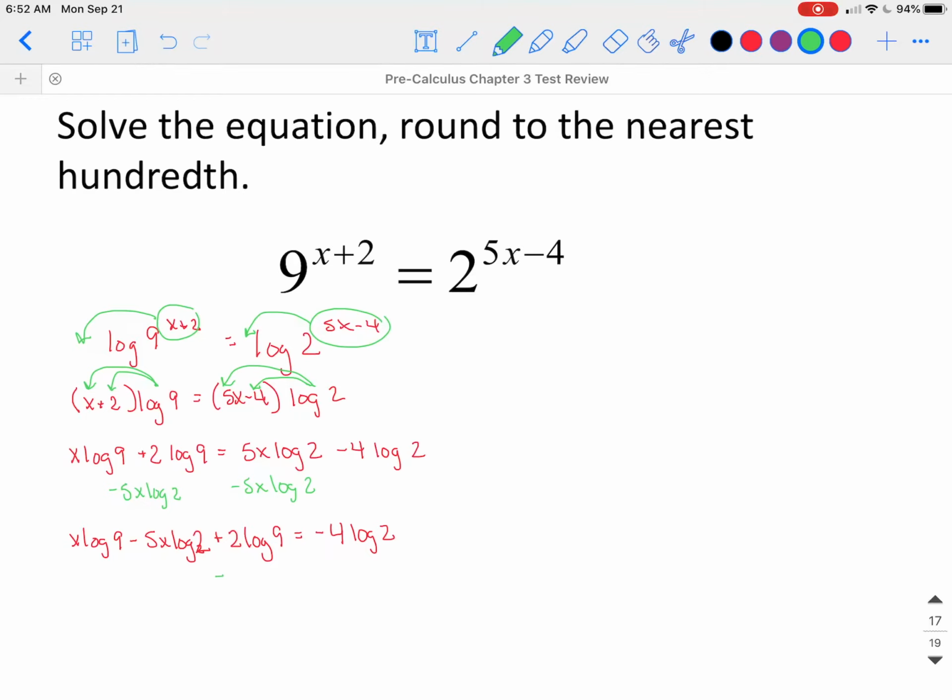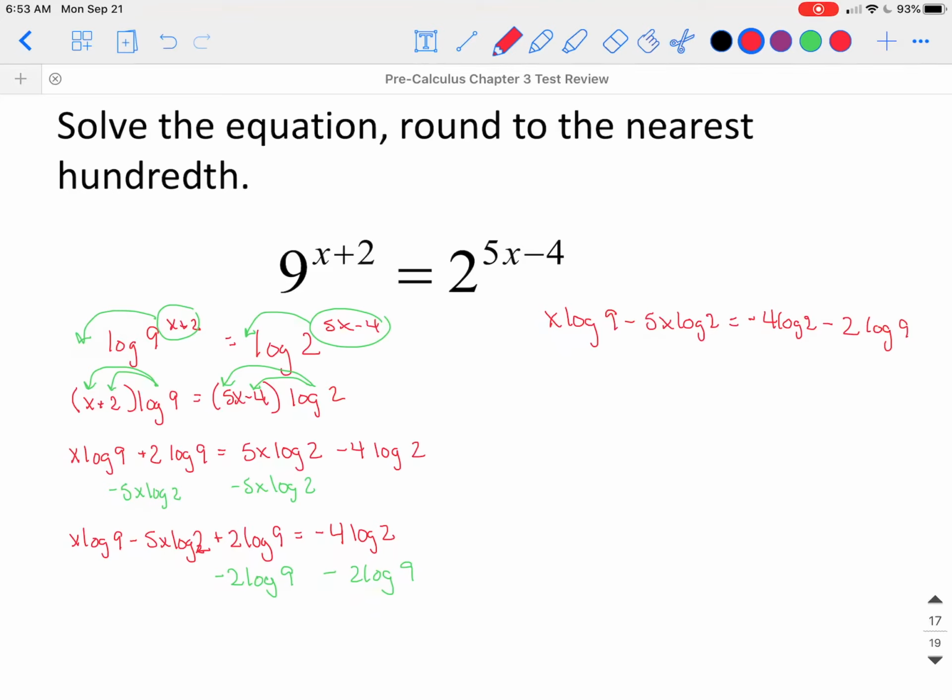We need to move the part that doesn't have an x to the other side. So we're going to subtract that 2 log of 9 from both sides. And that'll leave us with x log of 9 minus 5x log of 2 is equal to negative 4 log of 2 minus 2 log of 9.